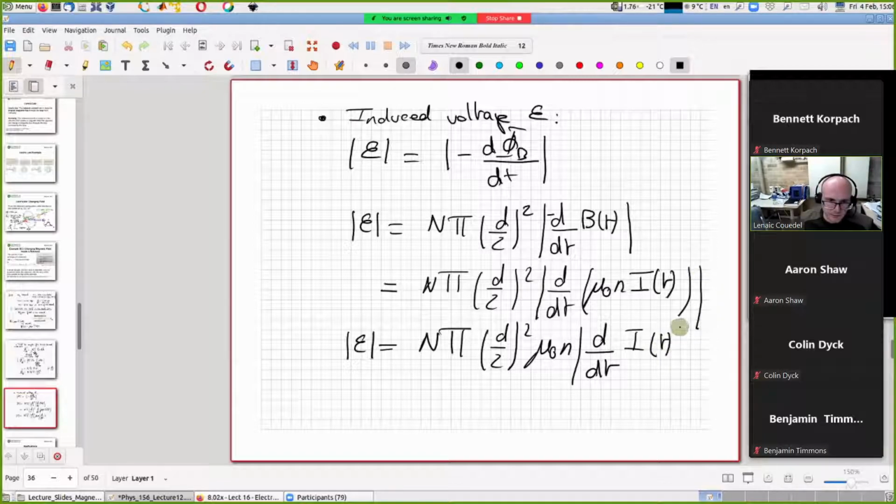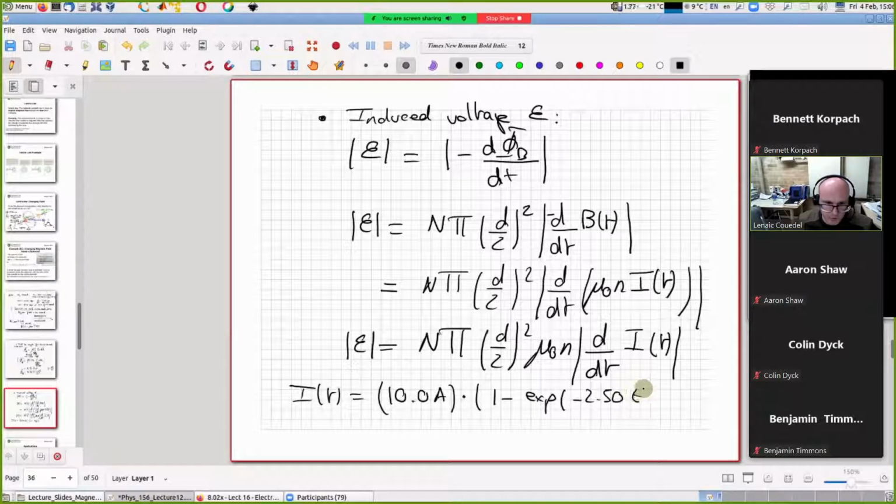So I know I of t equals 10 amps times 1 minus exponential of minus 2.5 t. So what is the derivative with respect to time? 2.5 e to the power of negative 2.5 t.